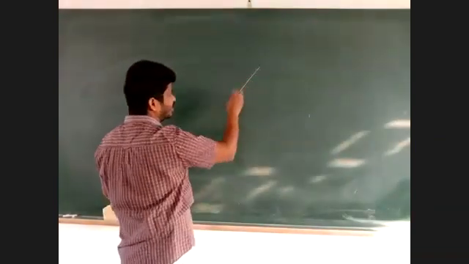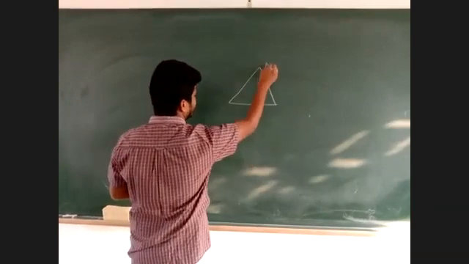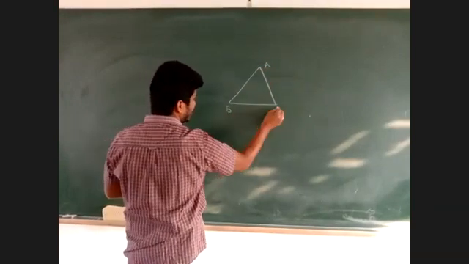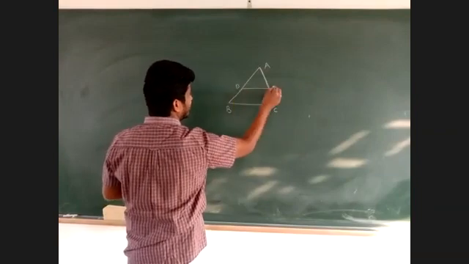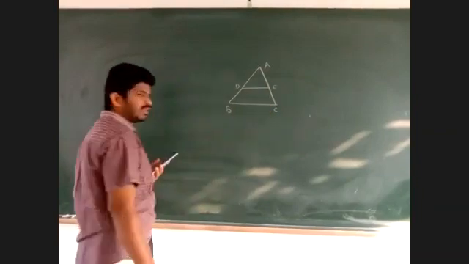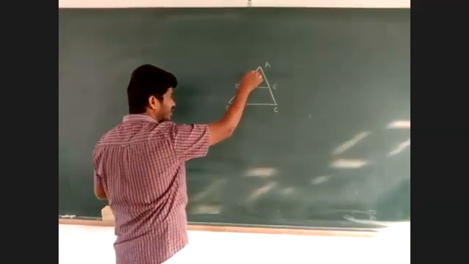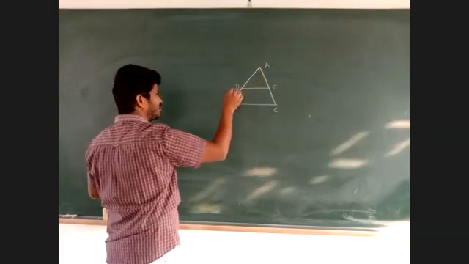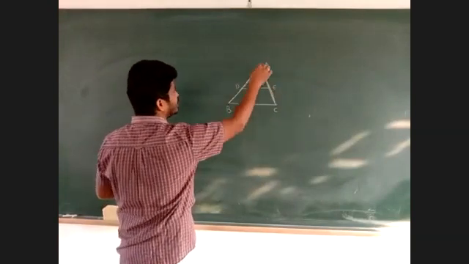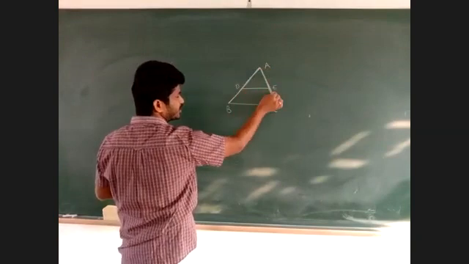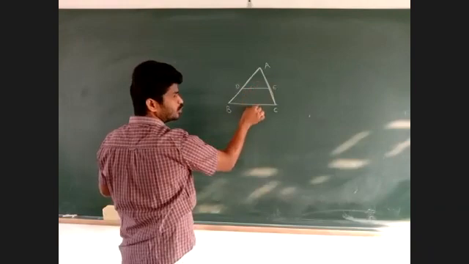In this triangle ABC, DE is the line. If DE divides AB and AC, these two sides, in the same ratio, then we can say that DE is parallel to BC.